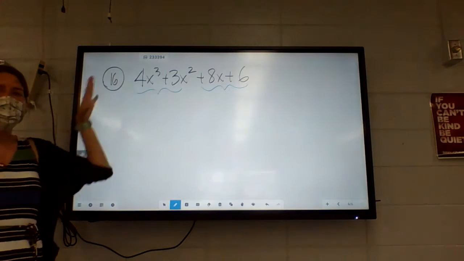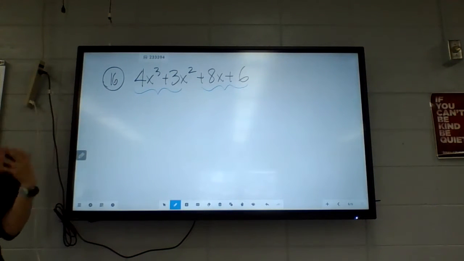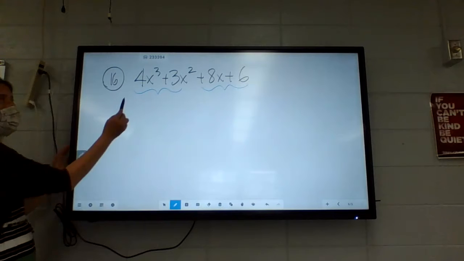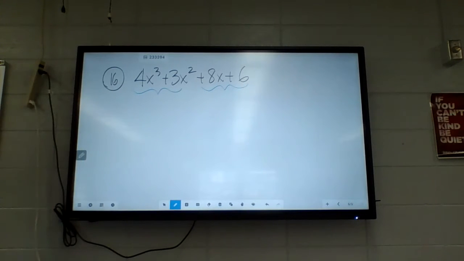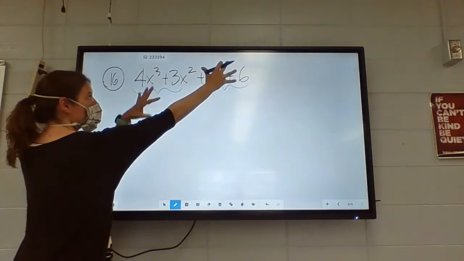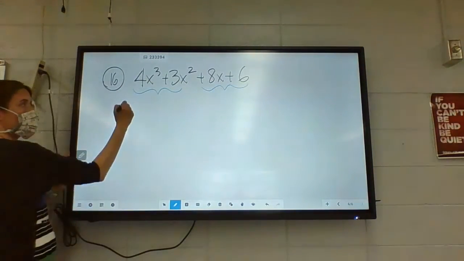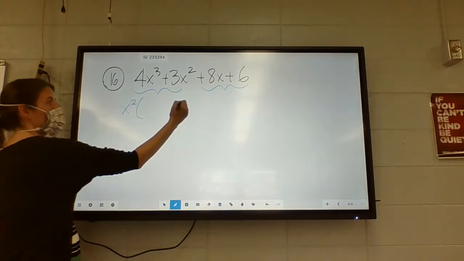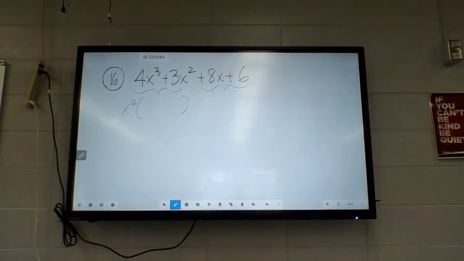Okay, so these first 2, I have to look at the GCF of just these first. Now the 4 and 3, there's not a common number. 4 and 3 don't have a common factor. But there's an x to the third and x squared. I'm just looking at this first half. So the GCF of that is x squared. So I'm just taking an x squared out of those first 2 terms.